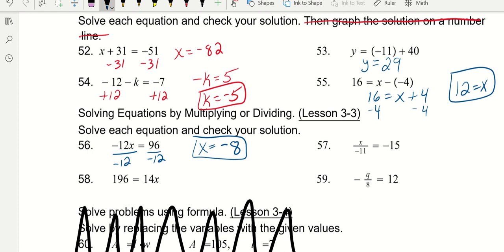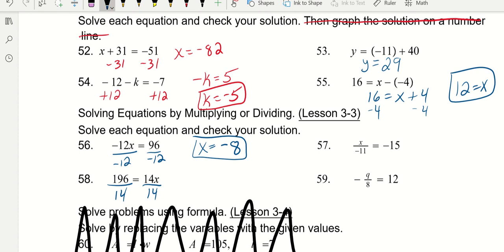Number 58. 14 multiplied by x, the other side of the equation is 196. What's happening between the 14 and the x? Multiplication. What's the inverse of multiplication? Division. So we divide by 14 on the left and on the right side. Let's see. 14 times 10 is 140, and then we've got 56 to go.